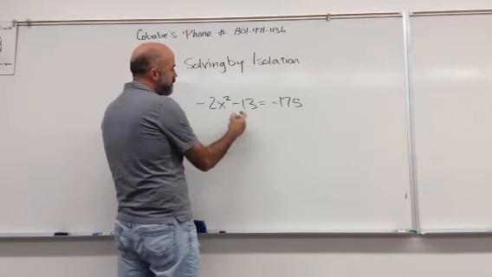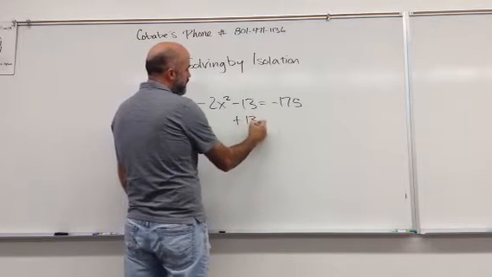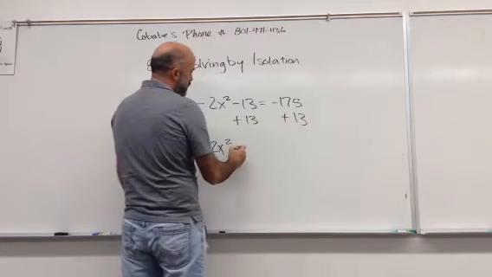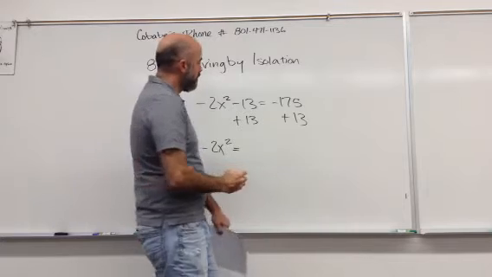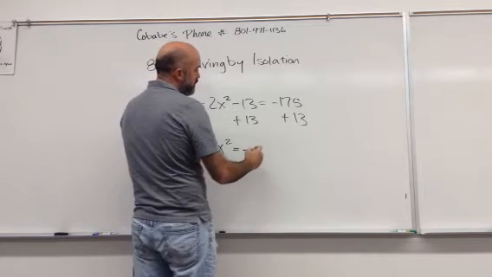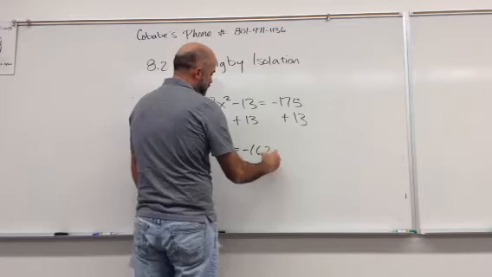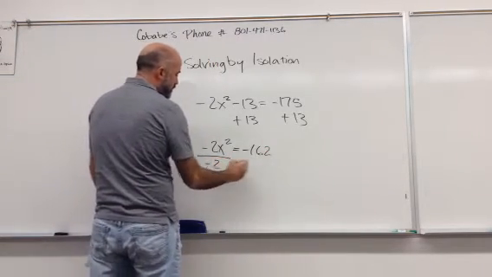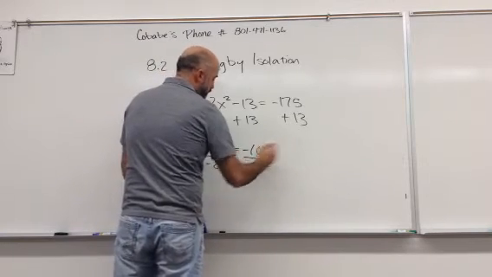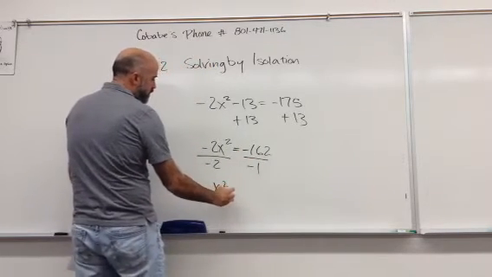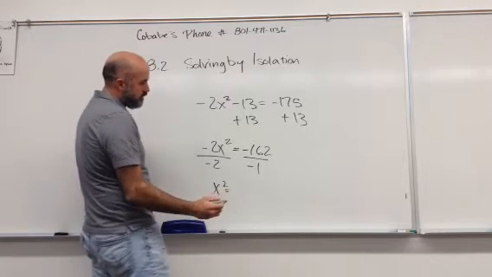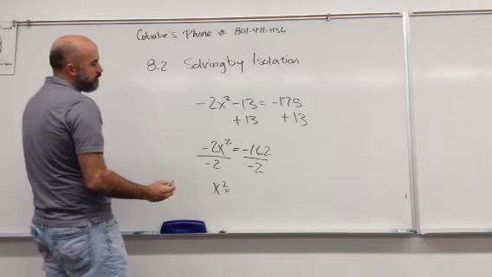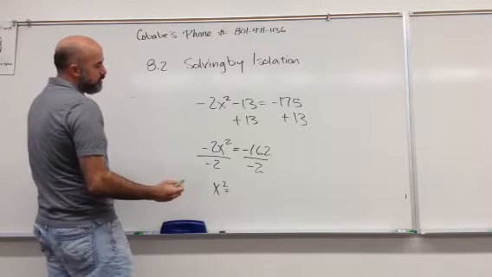We're doing SADMEP, so we're going to add 13 to both sides. Negative 2x squared equals, and negative 175 plus 13 is negative 162. Divide by negative 2, and x squared is, I don't know why I wrote 1 there. 81.